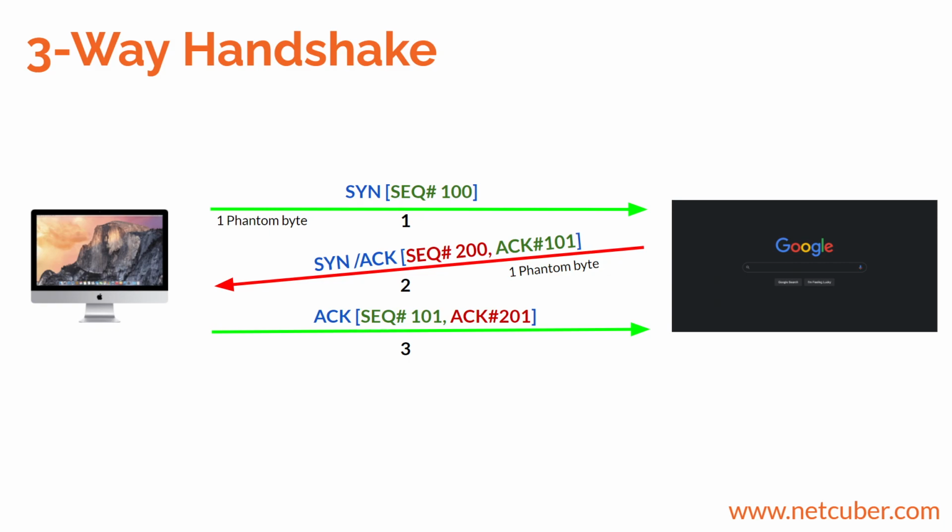The client sequence number will be updated with packet length. So in our scenario, it is acknowledging with 200. The server is sending a SYN-ACK with the server sequence number of 200 plus the updated sequence number acknowledged.